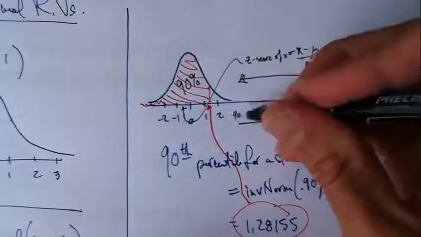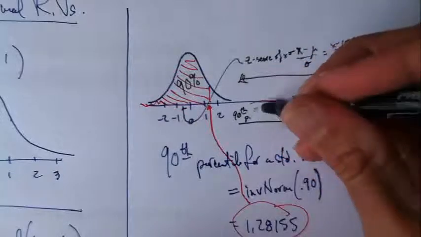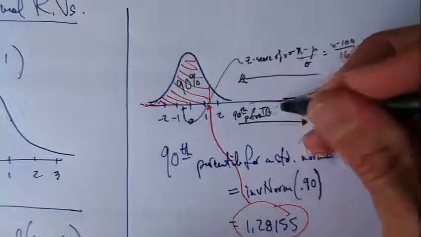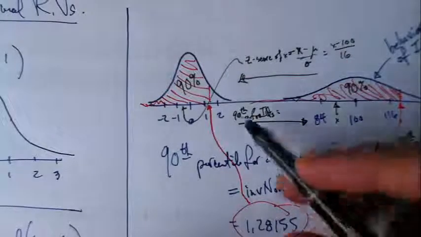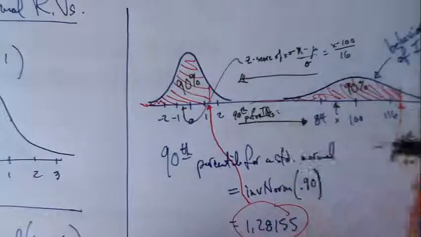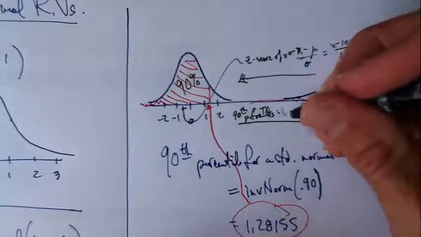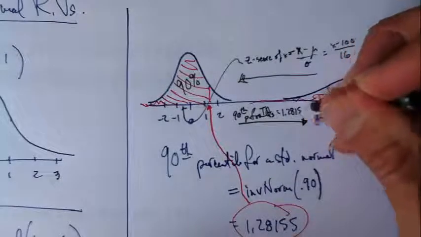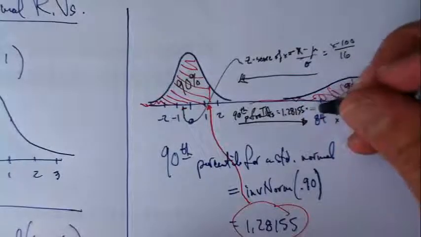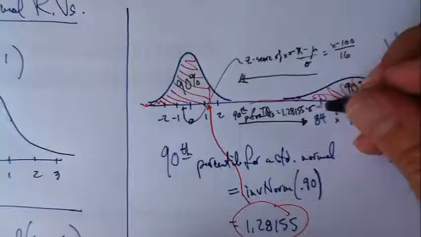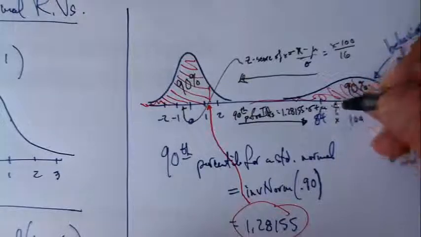If I go in reverse, I need to take this number here, 1.28155, multiply by the standard deviation and then shift up by the mean, right?